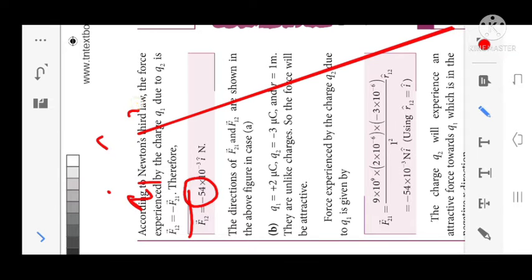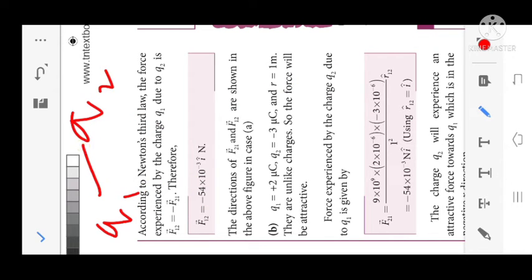We know from Newton's third law that every action has an equal and opposite reaction. This expression we have already found in the previous case: F21 vector is equal to minus F12. So we have found the F21 vector. Then what about the F12 vector? It is the negative of the F21 vector.